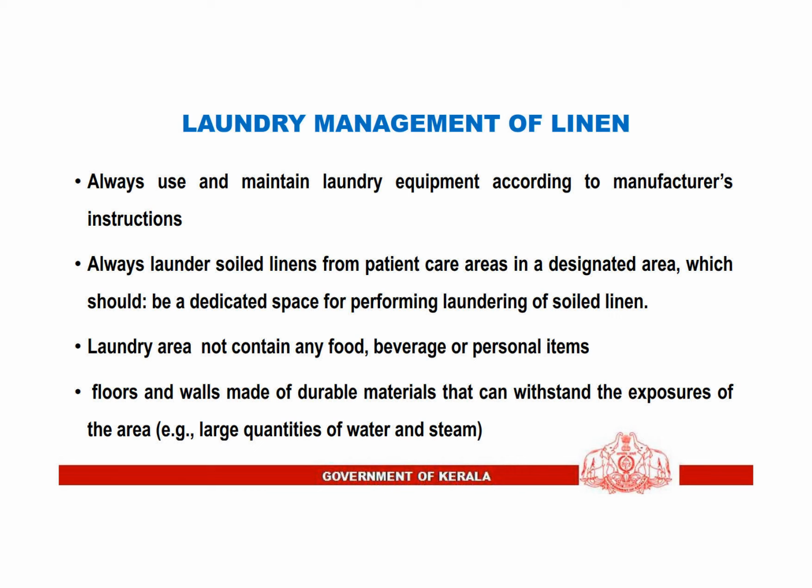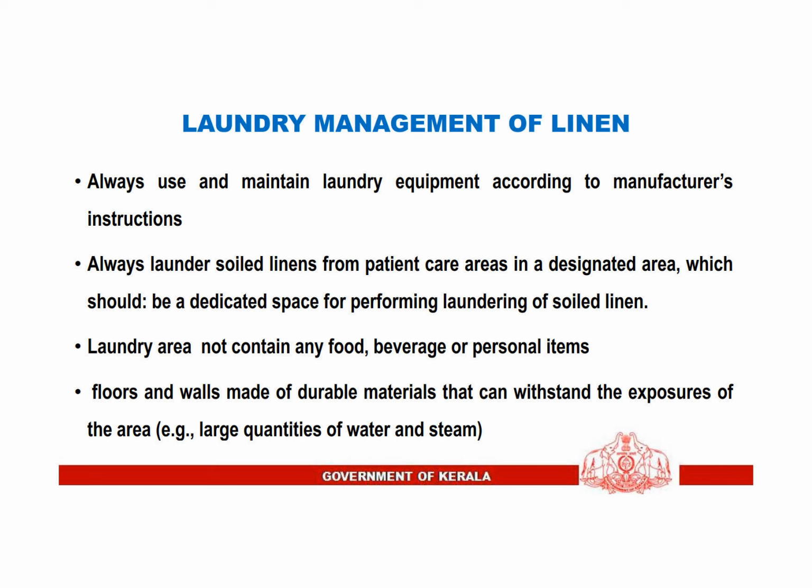Laundry management of linen. Always use and maintain laundry equipment according to the manufacturer's instructions. Always launder soiled linens from patient care areas in a designated area, which should be a dedicated space for laundering soiled linen. The laundry area should not contain any food, beverage or personal items.